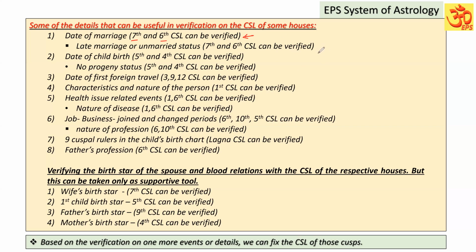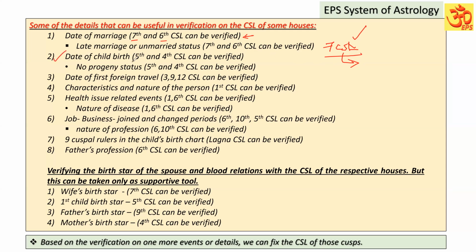It means he is not at all married. Definitely when you study the seventh cuspal sublord, it will strongly indicate the denial of marriage. So even though the date of marriage is not there, the absence of marriage can also be found from the seventh cuspal sublord. That also will be useful in fixing the seventh cuspal sublord.